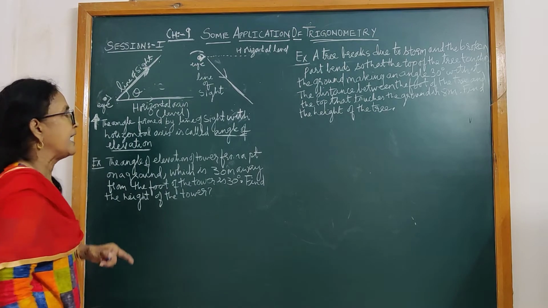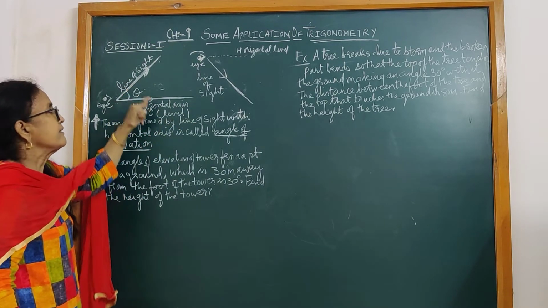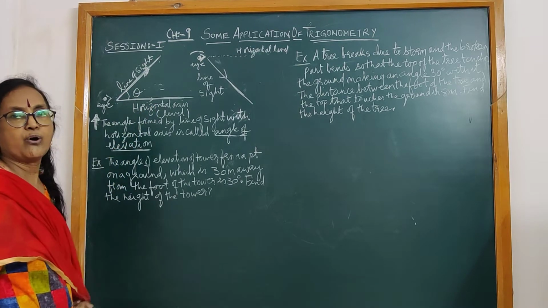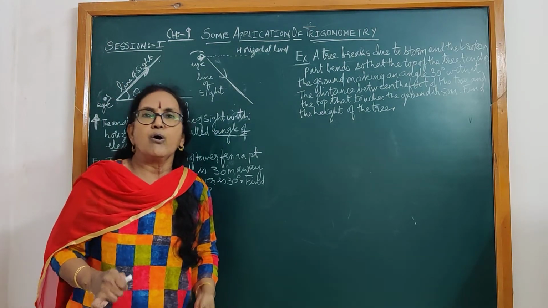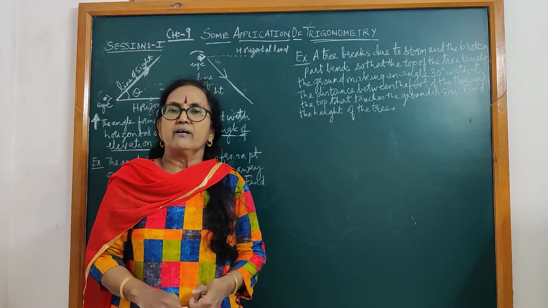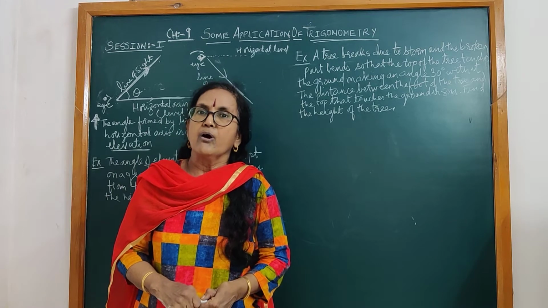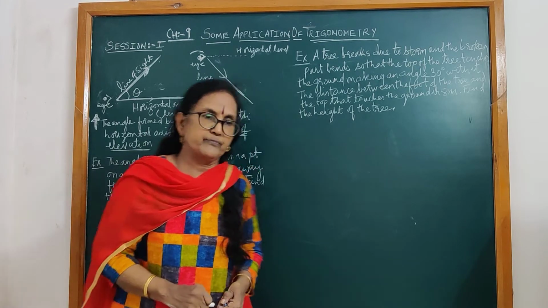So we can say that the angle formed by the line of sight with the horizontal axis is called the angle of elevation. Whenever the object you are looking at is at a higher level, your eyes make an angle theta or any other angle, and you call it the angle of elevation.